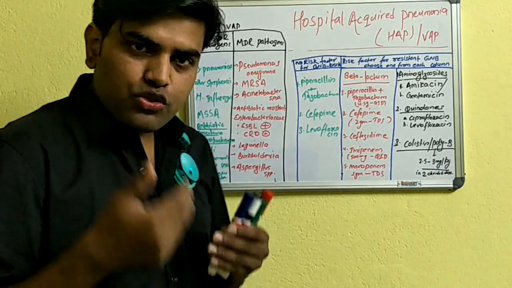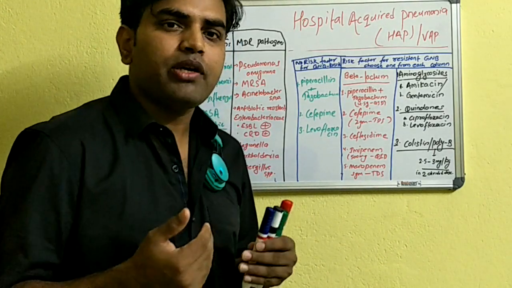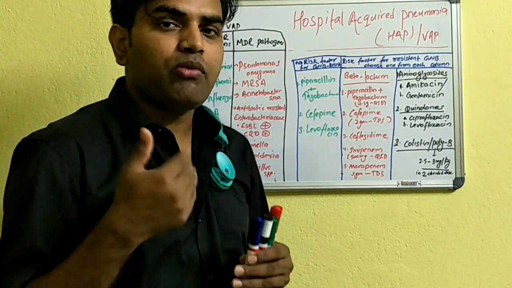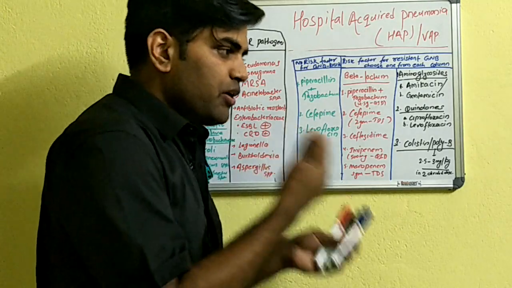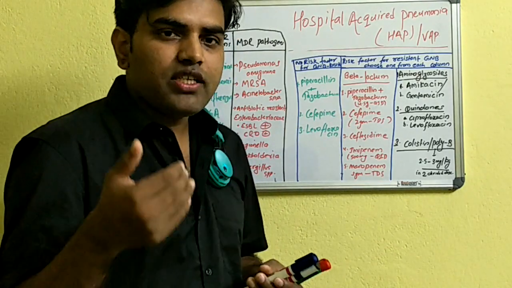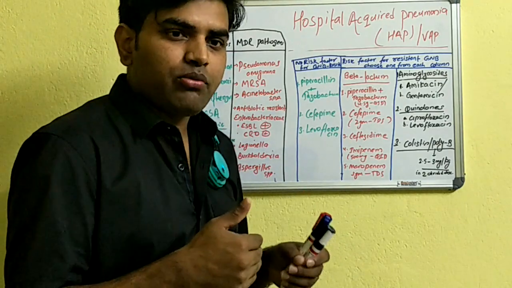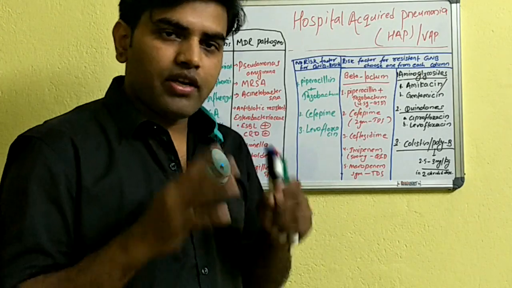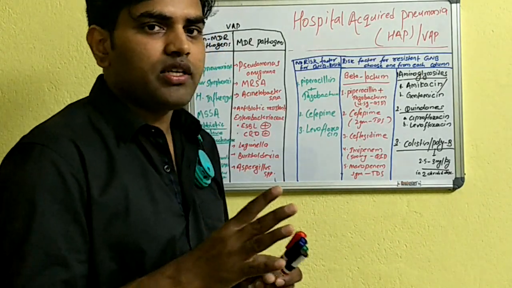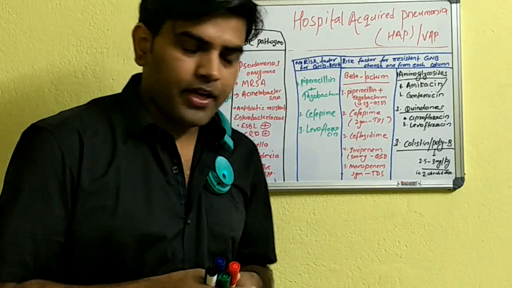The X-ray will help us know about a worsening condition. But if a patient is improving, it will not help us know about clinical improvement, because even if the patient is clinically improving, the radiological changes take time. There is a lag. The patient is improving, but radiologically there is not much improvement yet. If clinically the patient is improving, then you have to consider that the therapy is right for that patient.